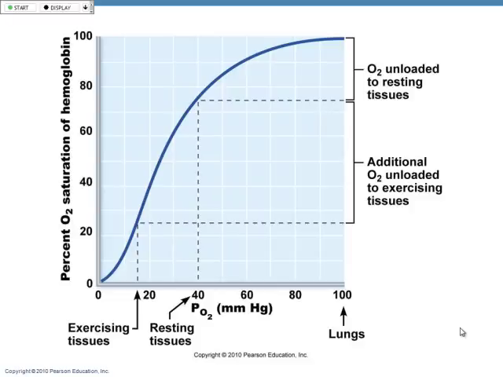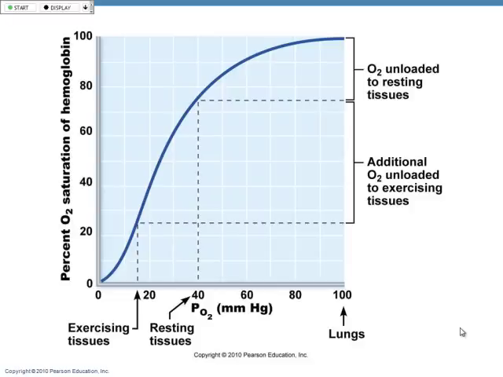Notice that hemoglobin is almost completely saturated at a PO2 of 70 millimeters of mercury. So at 70 millimeters of mercury, most of the seats are full on the hemoglobin ride. Saturated. You see what I mean? Rapid loading and unloading of O2 to and from hemoglobin occurs at PO2 values in a steep portion of the curve.